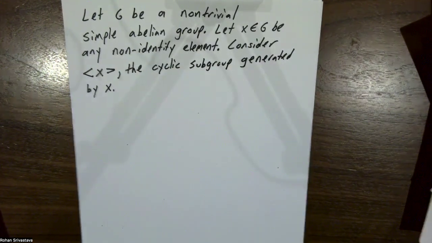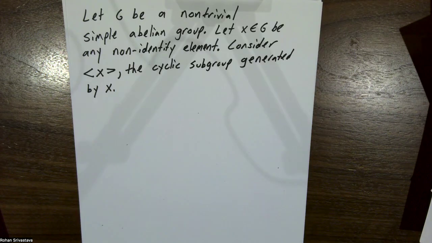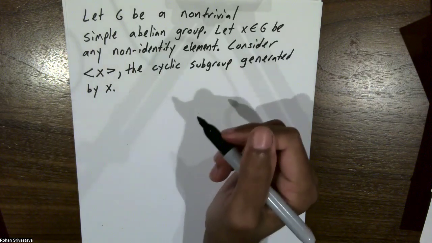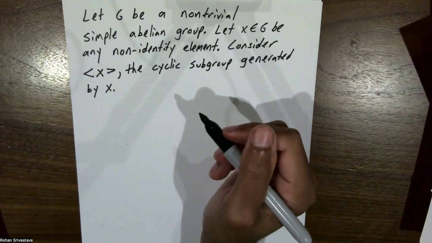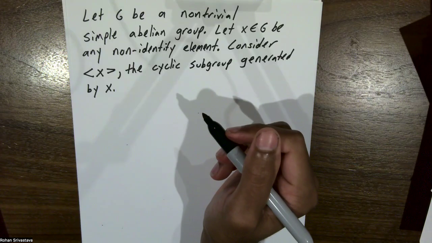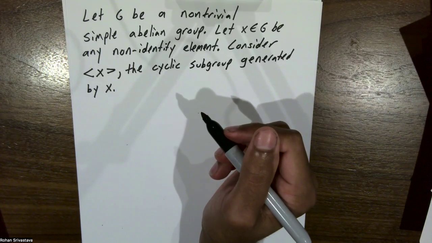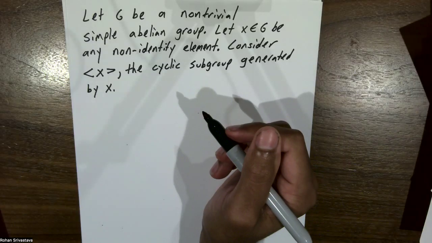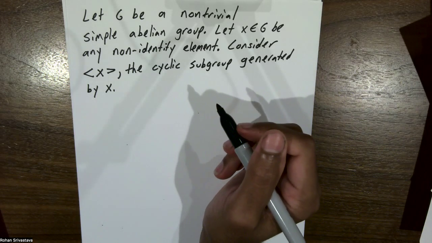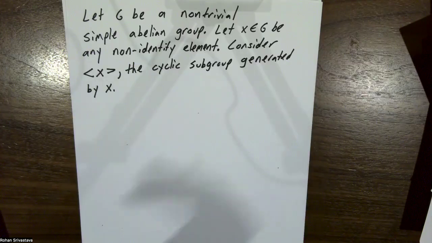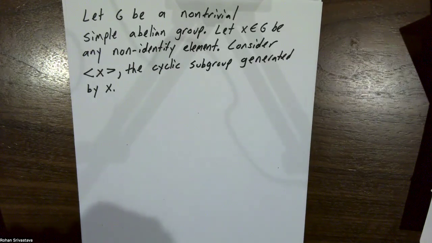Okay, well, G is a simple group, and cyclic groups are abelian. So in a simple abelian group, we can't have any non-trivial proper subgroups.